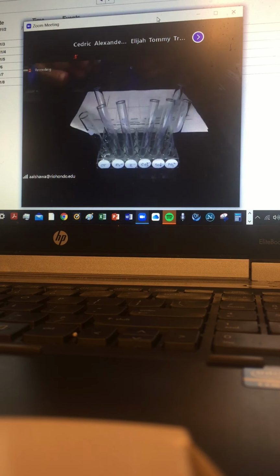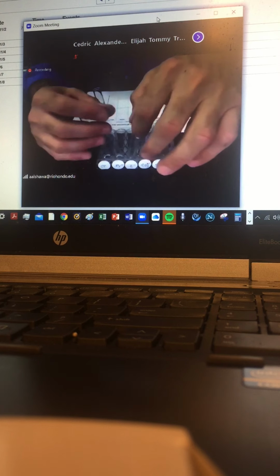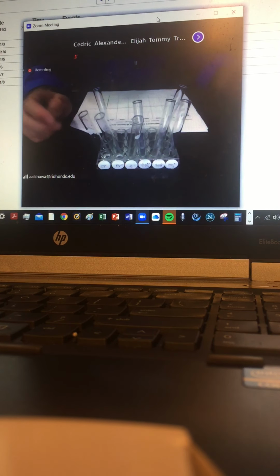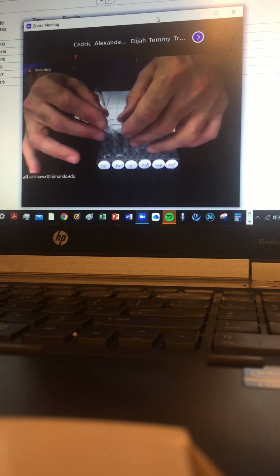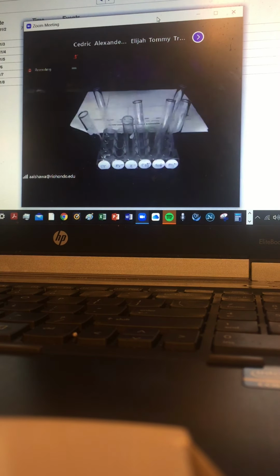So I want to add, so I have sodium bromide, small amount, just a few drops. And the third, maybe I switched them. So that was not sodium bromide.